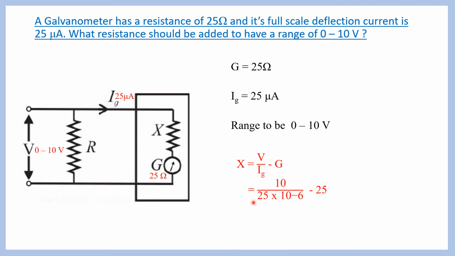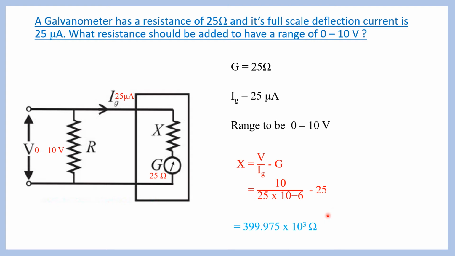So you will get the value of X by substituting the value of V, the maximum voltage that we want to measure, that is 10 volt, divided by 25 into 10 to the power minus 6, minus the value of G, that is 25. Solving this expression, we get the final answer to be 399.975 into 10 to the power 3 ohms.